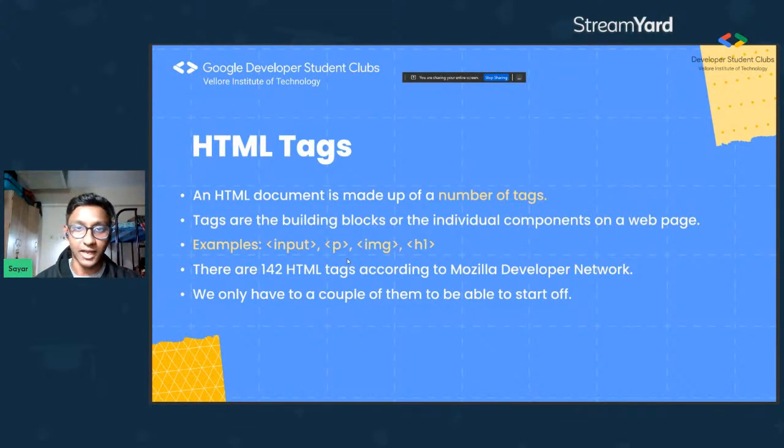In between these two tags is what we place as the content of that tag. What it means is that whatever's in between these two tags, we are going to treat them as a paragraph.